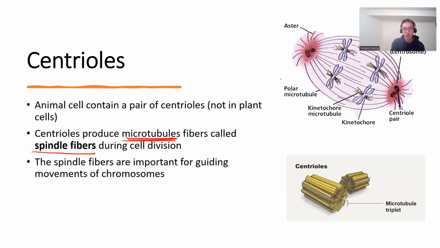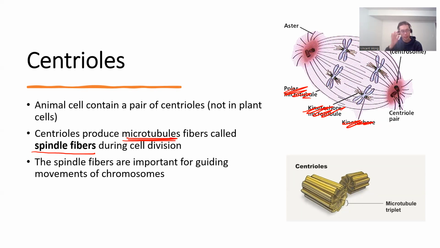Now there are a lot of terms here, but again, never mind them. You don't have to memorize it. The key thing to know here is that the centrioles are going to send out these spindle fibers, which will help move the chromosomes around during cell division.